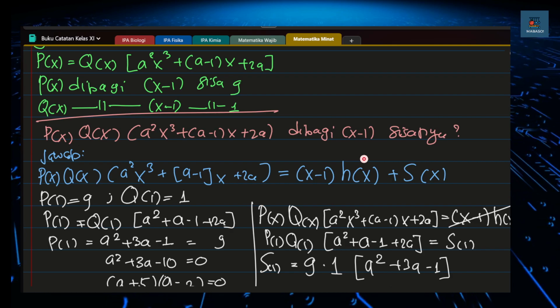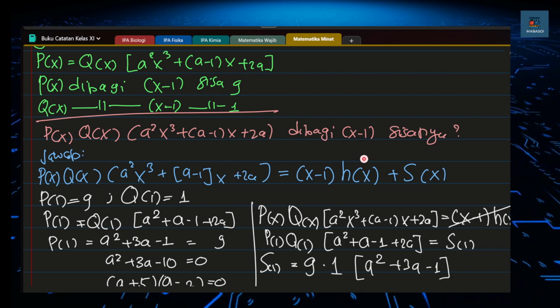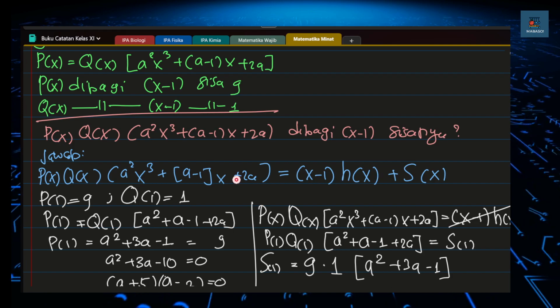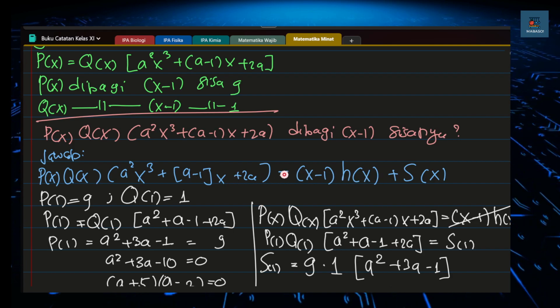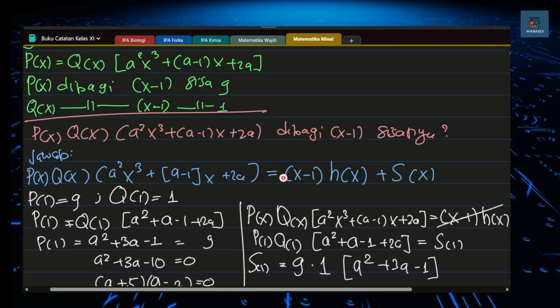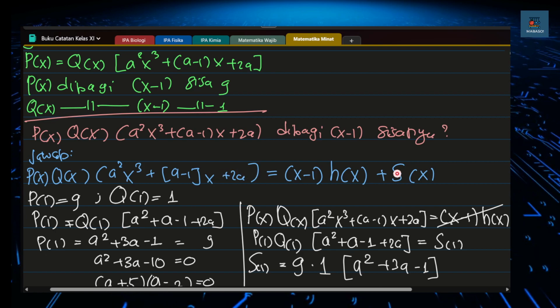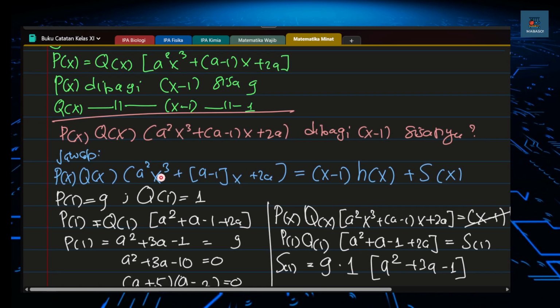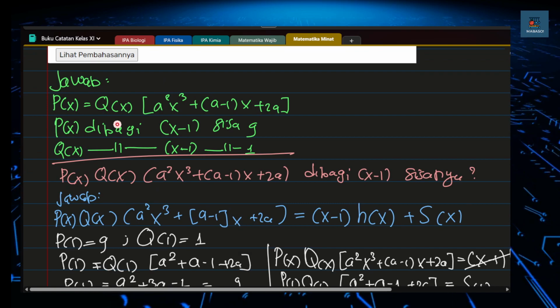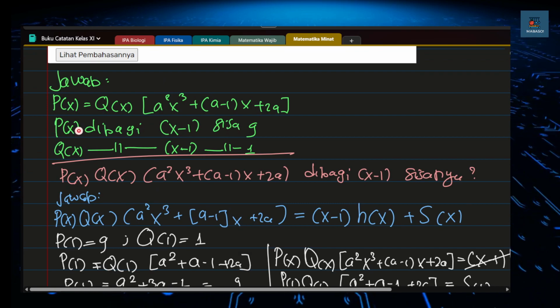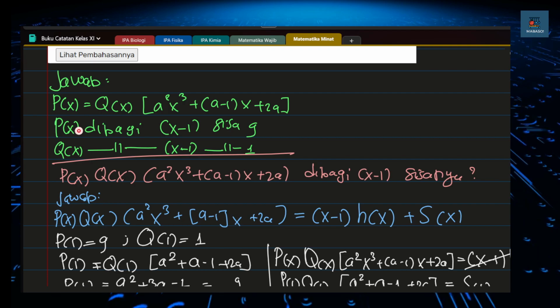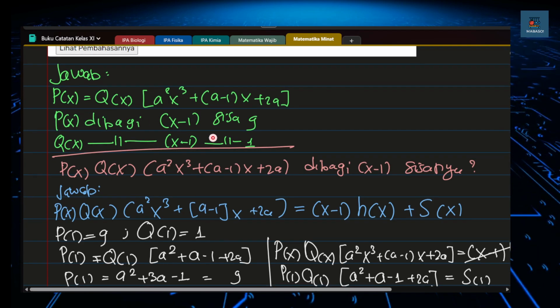So we don't need to find the quotients for this particular equation. We just want to express it using this formula. So let's start by analyzing each piece of information given by the question.